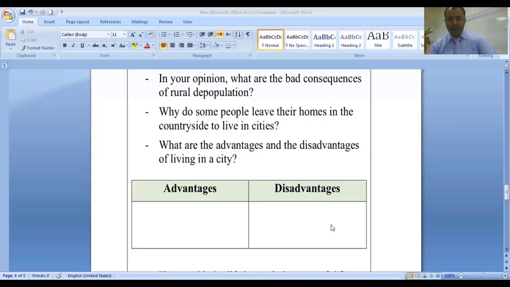Some people may say, one of you may say, it's noise, a lot of cars, a lot of shops, a lot of markets, it's noisy. Another one says it's pollution. A lot of cars are producing, yes, thank you, Khalid. Yeah, a lot of cars producing a lot of smoke and causes a lot of pollution. Thank you, Khalid.